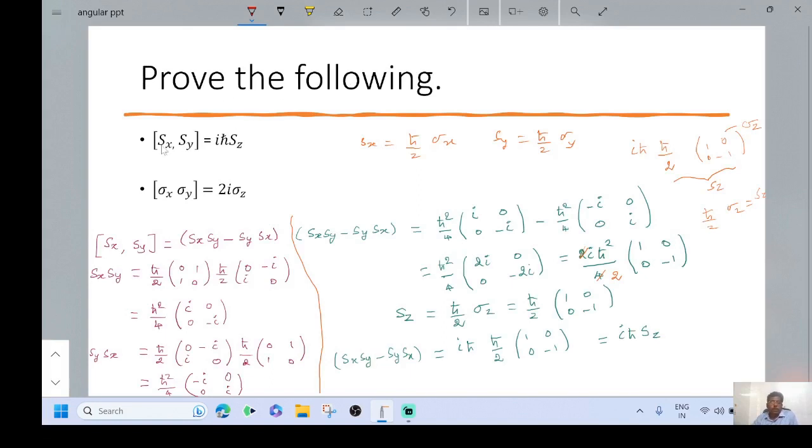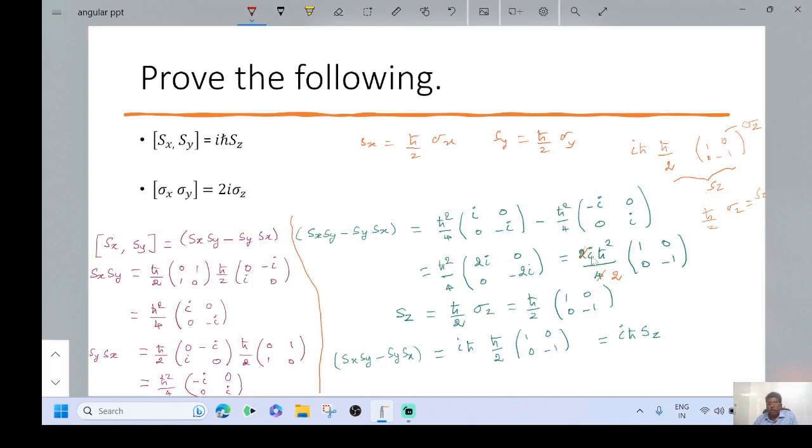Prove the following: [Sx, Sy] equals i h cross Sz. This is Sx Sy minus Sy Sx. Sx equals h cross by 2 into sigma x, and Sy equals h cross by 2 into sigma y. Multiply to get this. Then find the value of Sy Sx, that means this value into this value. So Sx Sy minus Sy Sx is this much.